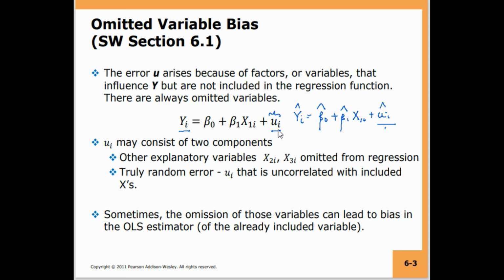Now this ui hat may further have two different components. So one component may consist of certain variables that you forgot to include or you did not include in your original model, which you should have included, and then there is the residual error, truly random error, which is given by, we say vi to distinguish from ui, and this vi is actually random, and this is what is left over after you have taken into account the effect of x1, x2 and x3 on y.